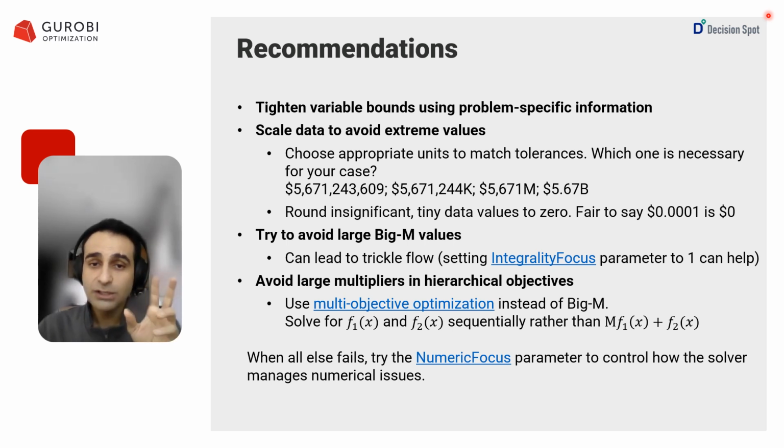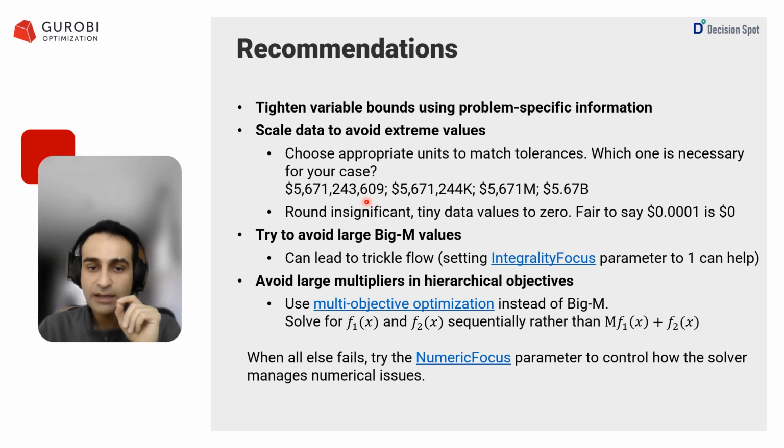So let's say you're dealing with some cost data. Do you really need to have billions of dollars for some coefficients and then cents and tiny fractions on the others? Just imagine yourself talking to some stakeholders and presenting some numbers on the slides. Which one of these numbers that you see here makes more sense in your case?